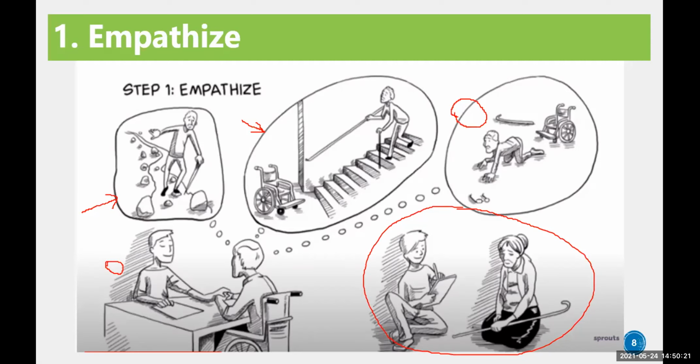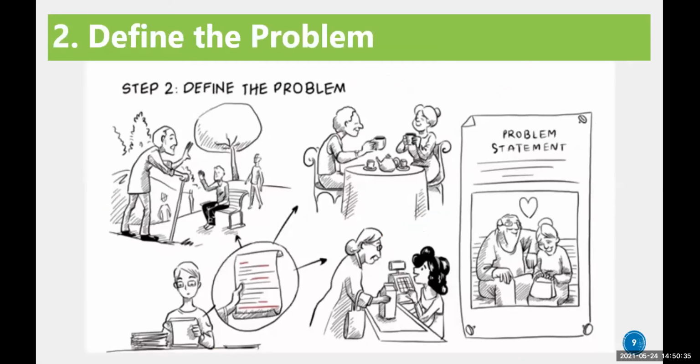Okay. So when you have conducted a lot of interviews and you have a clear idea about what kind of issues they are facing, you go to the next step, which is you define the problem. Okay. Now, when you are trying to define the problem, you come up with the exact definition, you make a list of the problems they are facing.